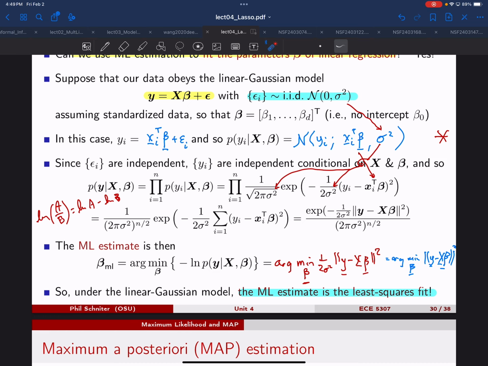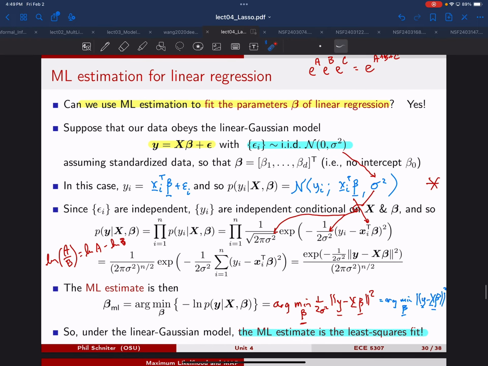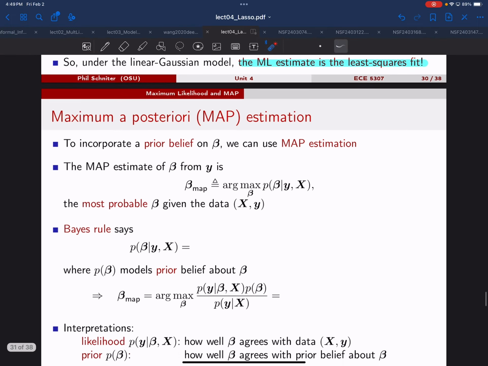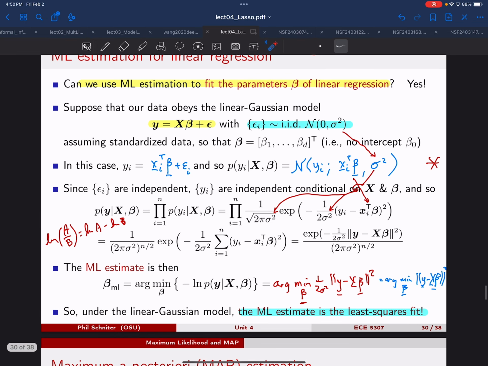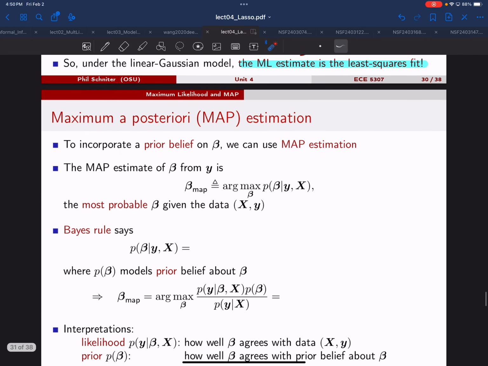Okay, great. So any other questions on this? Okay, so now we're going to take this in a slightly different direction, and we're going to say, well, what if in addition to this statistical model that relates the betas and the x's to the y's, I have some additional information. Someone gives me a hint about what the beta should be.